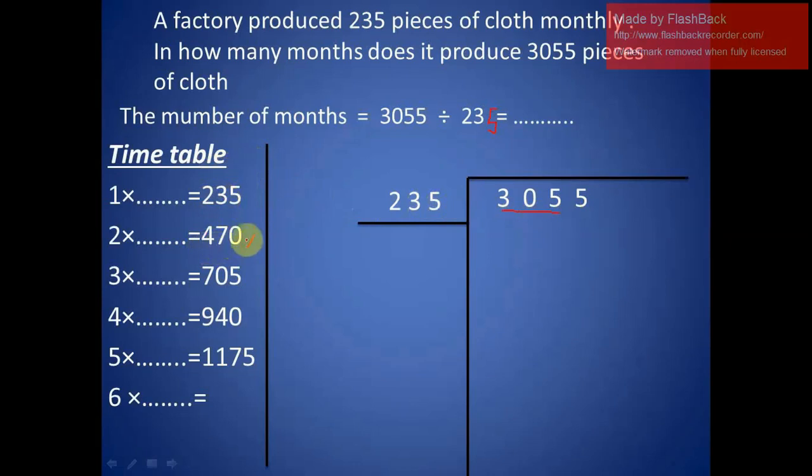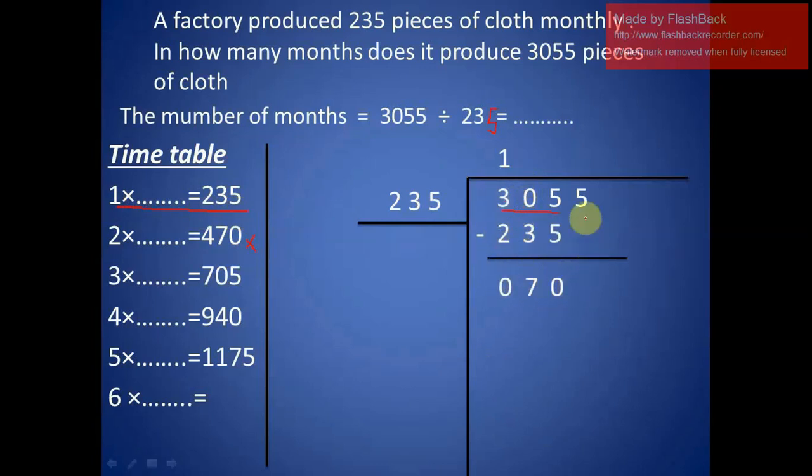Cancel this number and take the above multiple. The first number 1, write it up. The second number, write it under the dividend and subtract. 5 minus 5, 0. 0 takes 3 impossible, borrow 1, 10 minus 3, 7. 3 minus 3, 0.